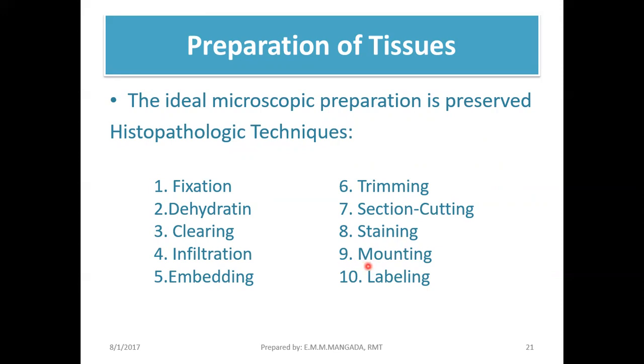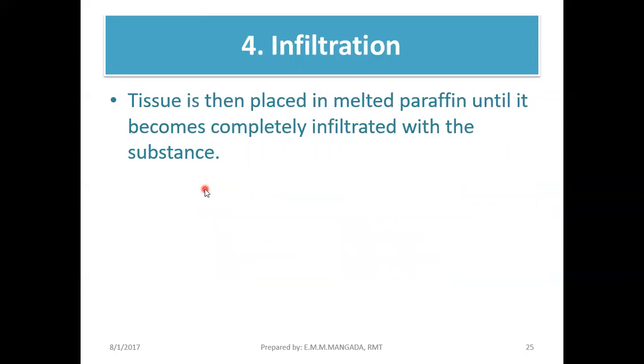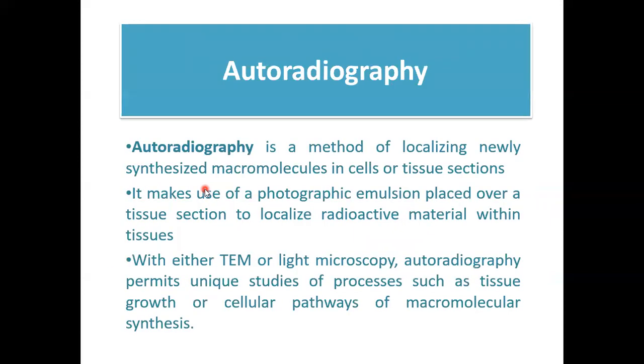And of course, to avoid fading of the stains, we mount the slides using a mounting medium. The commonly used is Canada balsam, which is an example of a resinous medium. And then finally, labeling our slide. Next, we have also discussed autoradiography. It talks about localization of macromolecules.